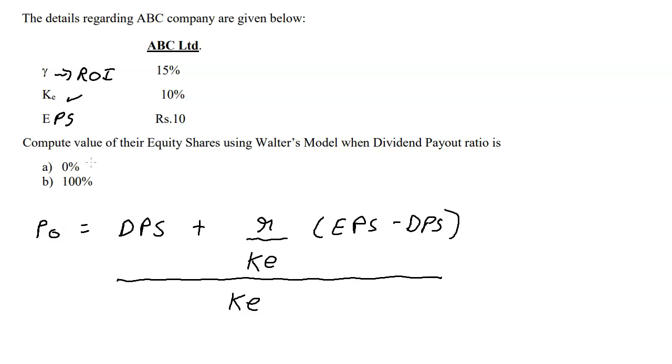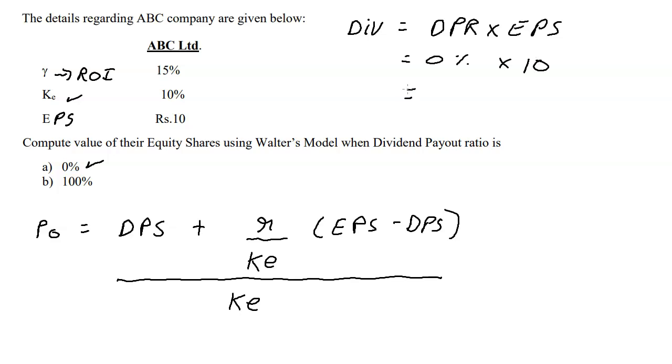Now in the first case they're saying where the dividend payout ratio is 0. If dividend payout ratio is 0, understand that dividend is equal to dividend payout ratio into earnings per share. So if dividend payout is 0% of 10, it is going to be 0.